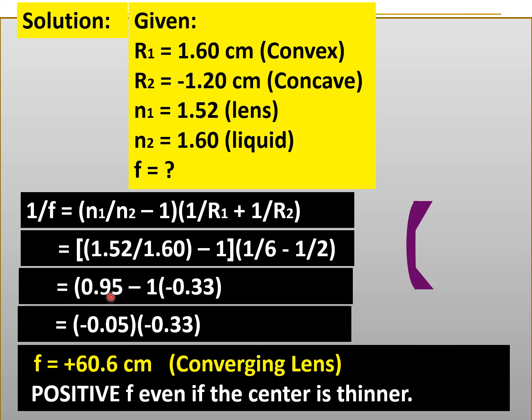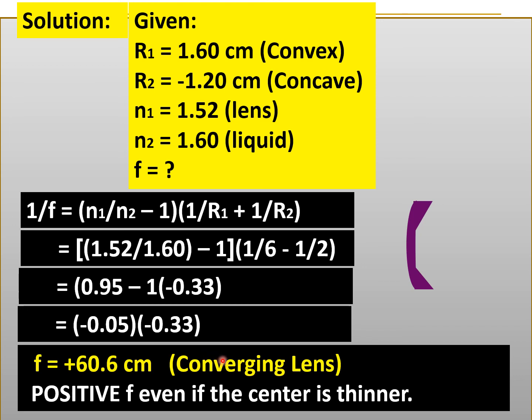So when we subtract 1 from 0.95, we get a negative value, which when multiplied to the sum of 1 over R1 plus 1 over R2, which is also negative, the resulting sign of our focal length is positive.